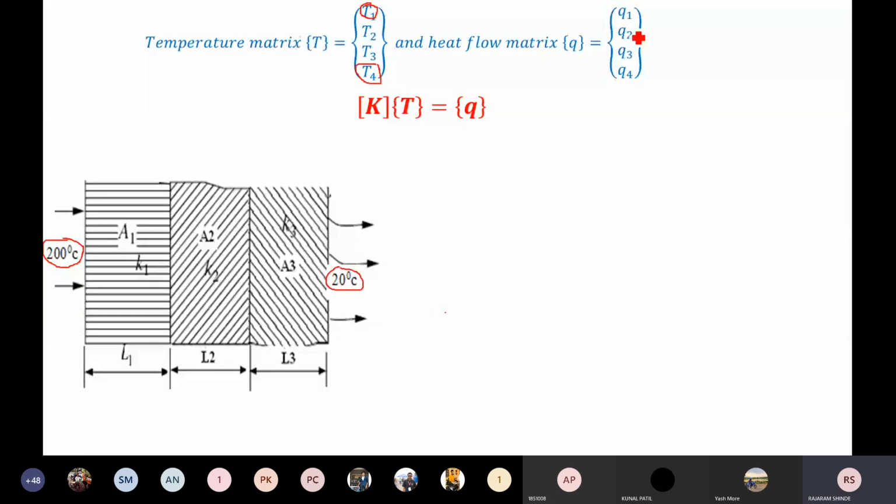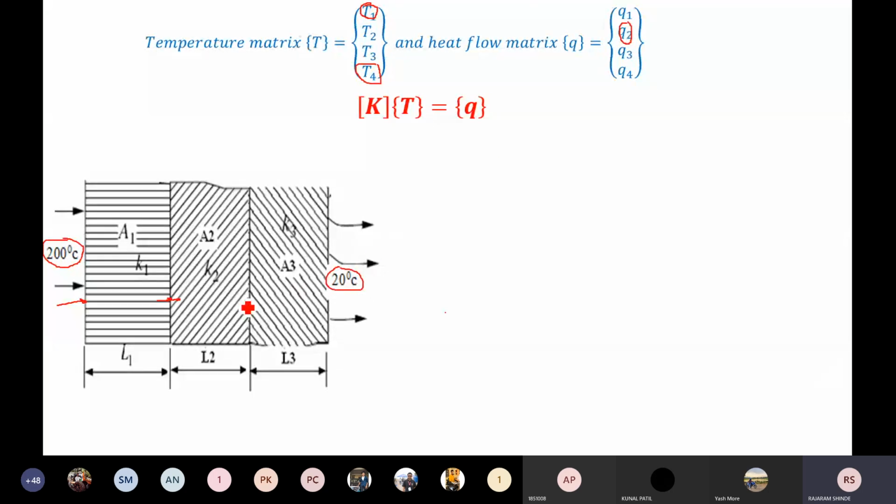Now in the Q matrix, Q1 is the heat coming in at node number 1. Do you agree with this? Q1 is the heat coming inside this wall at node number 1. This same heat is coming here, and that same heat is going out of this node. Therefore your Q2 is 0.